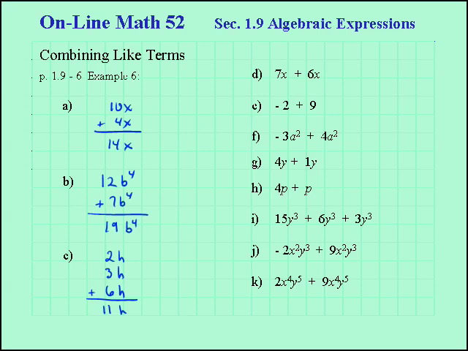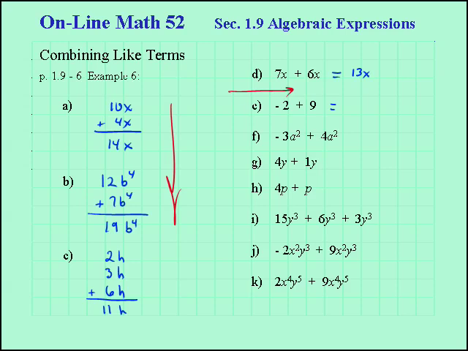So we can write it vertically. That's what this means, vertically. Or oftentimes we'll write them across this way, horizontally. And we'll add this way. So let's see. 7x plus 6x is 13x. Negative 2 plus 9. Those are like terms because they're both constants.